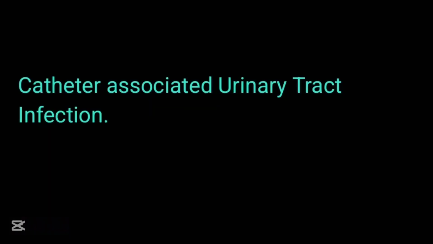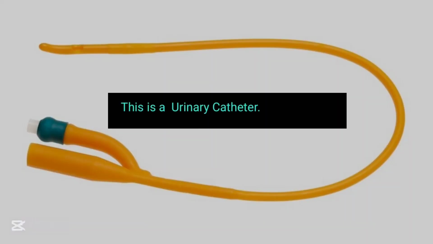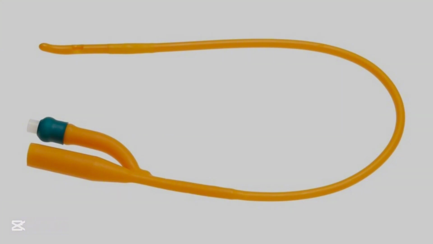The catheter-associated urinary tract infection is an infection in the system that forms urine, and it is usually in a setting of an indwelling urinary catheter, that is, when a urinary catheter is in place or 48 hours after its removal. A urinary catheter is a thin flexible tube, and it is usually used to drain urine from the urinary bladder, especially in individuals that cannot pass out urine normally.